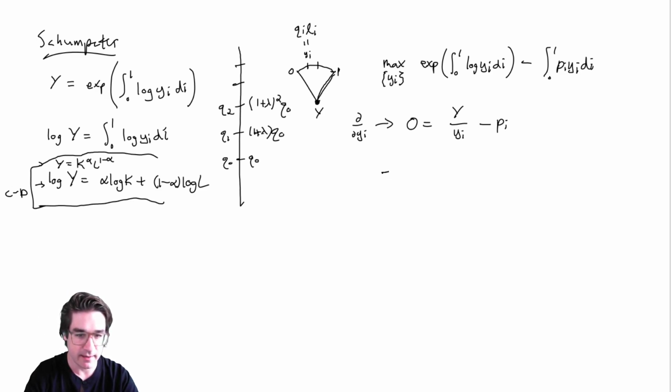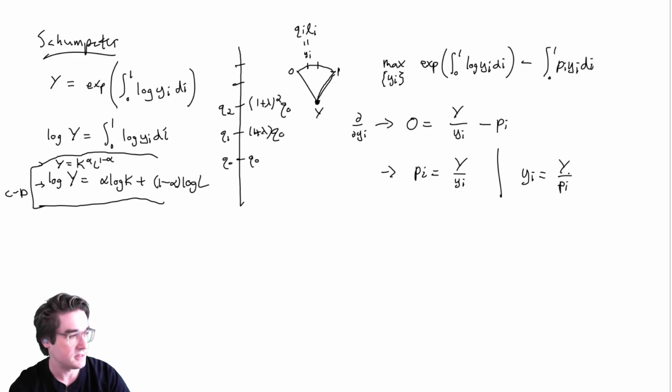Not too bad. If you want to think about it as an inverse demand function, then it's just p equals y over yi. The more you want to sell, the lower the price you're going to be able to fetch. If you want to think about it as a demand function, that's yi equals y over pi. The higher the price you post, the less you're going to sell.